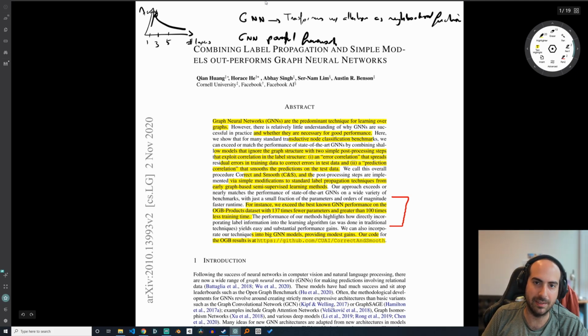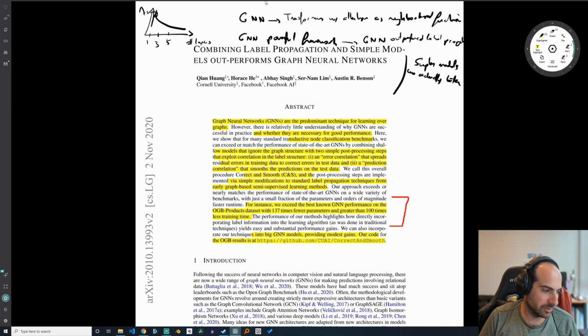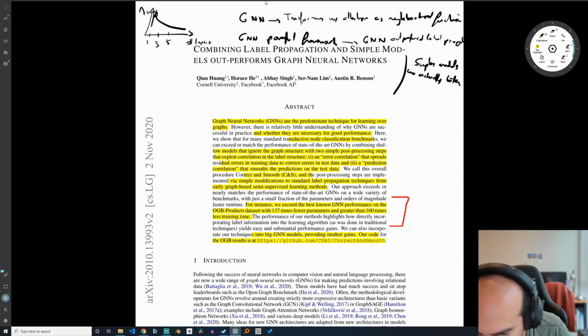And the fact that transformers fit in this framework, and that GNNs are outperformed by label propagation, in this paper, is for me indicative that maybe simpler models are actually better. This should be very surprising if you're used to deep learning, because anecdotally this is generally not true. So let's see what they did and how they built the argument.